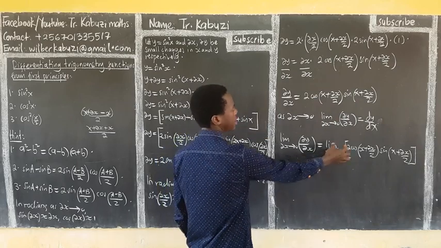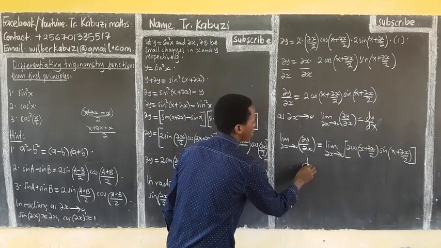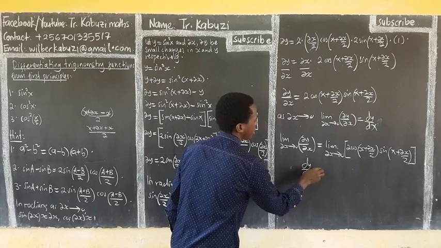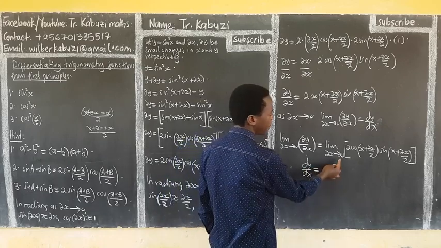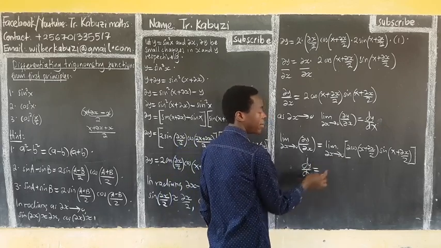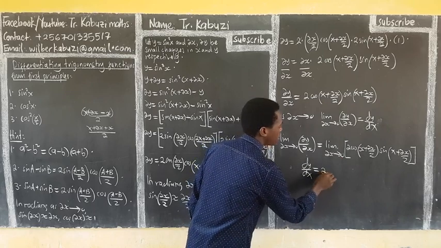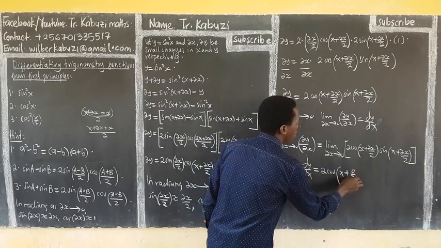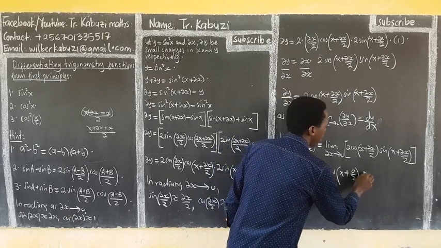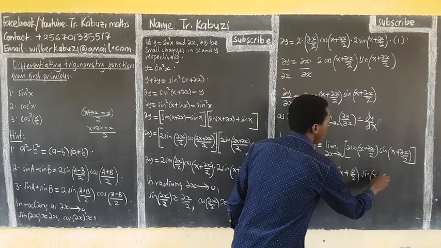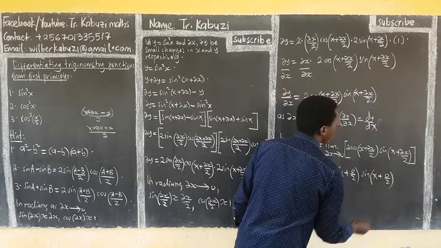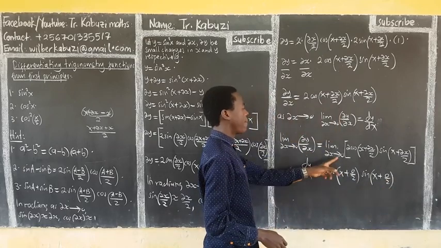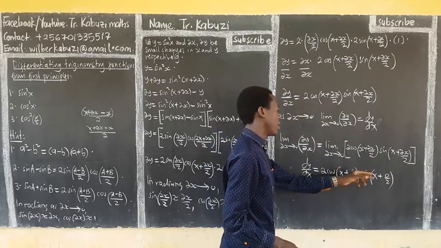So we say the whole of this is going to be dy over dx equaling 2. Now this means that where there's delta x, we put a 0. So you have 2 now cos of x plus 0 over 2. Then sine of x plus 0 over 2. Where there is delta x, we are putting a 0.